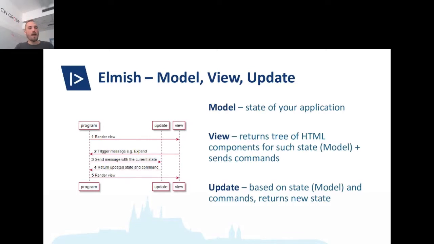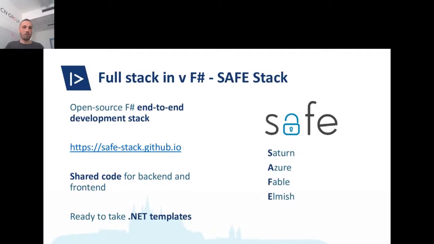And I really suggest, if you would like to have both, a strong ASP.NET web server prepared for you, serving data for the single page application on the front end using the Elmish architecture, with Fable in the background compiling F# to JavaScript, and you can reuse the same things from both parts, like types or validation, I would definitely suggest looking at the SAFE Stack, which is Saturn, Azure, Fable, Elmish.